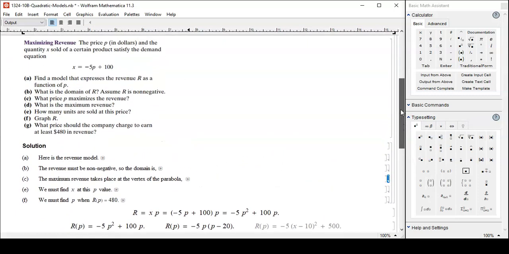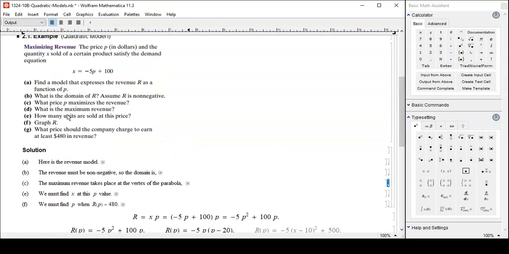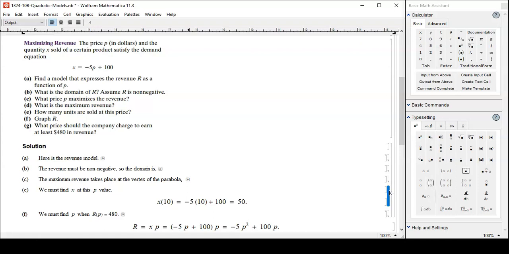What's next? How many units sold at that price? Okay, price $10. $10 and the x value, come on, right here. Plug in p equals 10 right here. So the number of units sold is x and p is 10, so plug in 10 here and we're going to get negative 5 times 10 plus 100, you have 50.